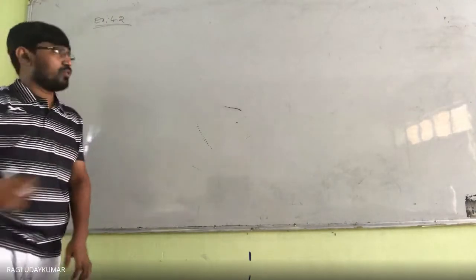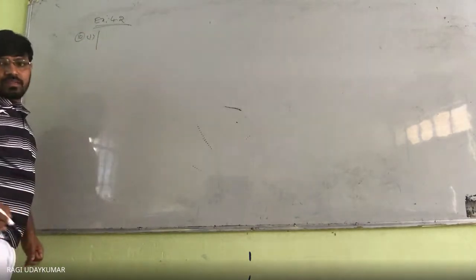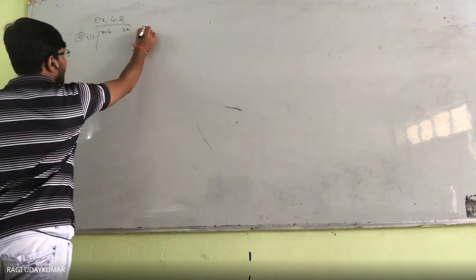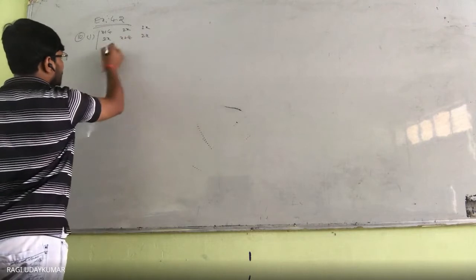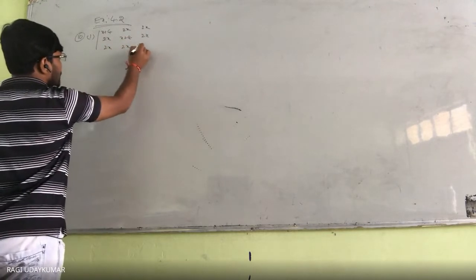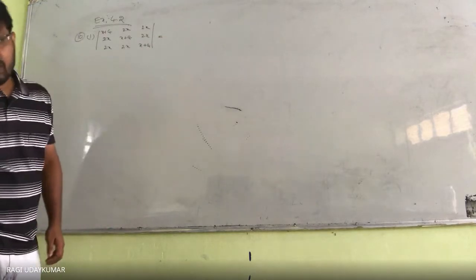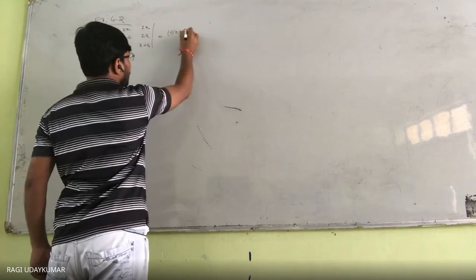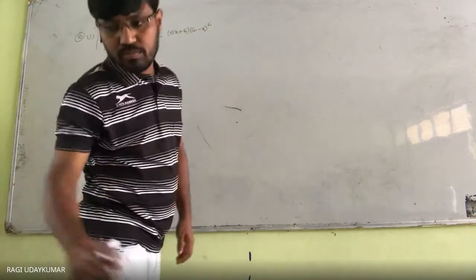The matrix: x plus 4, 2x, 2x; 2x, x plus 4, 2x; 2x, 2x, x plus 4. The determinant of this one is equal to 5x plus 4 into 4 minus x whole square. This is asking you to prove.